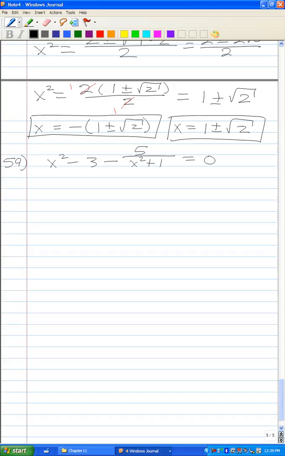Let me multiply both sides of my equation by x squared plus 1. And so let me multiply the x squared inside the x squared plus 1 times each of these. So I get x squared times x squared is x to the fourth. Then I get here 1x squared minus 3x squared is minus 2x squared minus 3 minus, well, the x squared plus 1's cancel, so you get minus 5 equals 0.